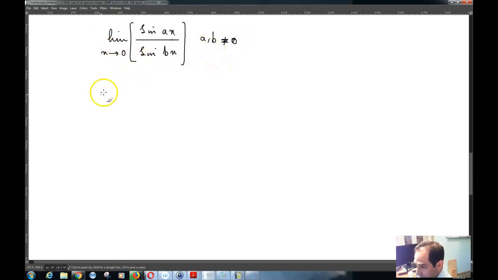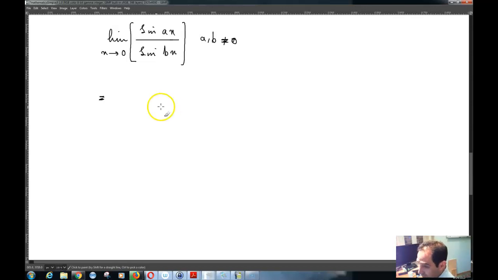So I can write this as the limit of, of course, here if I set x equal to 0, I'll get 0 over 0, which is not what I want.